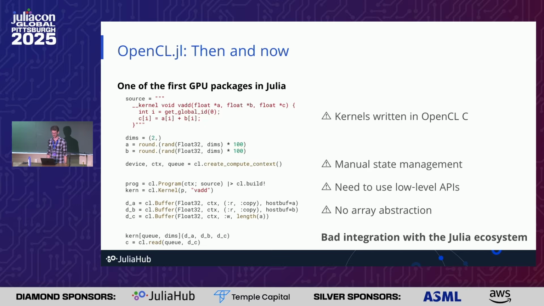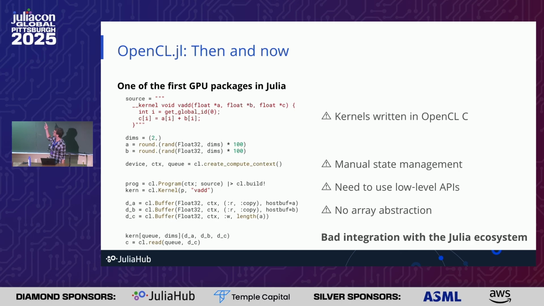So here on the left-hand side, again, I'm rolling with vector addition as a very simple, understandable example. You can see how, first of all, the kernel code has to be written in OpenCL C. Back at that time, there wasn't GPUCompiler, so there wasn't a way to compile Julia code for GPUs. So you had to write your kernels in C.